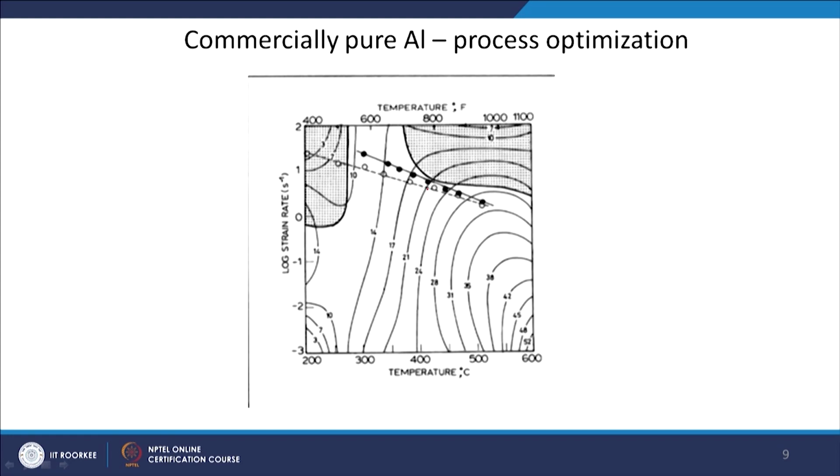This open circle is the initial process applied in an industry to process aluminum. After the processing map was generated, it was found that two conditions are coming in the unstable region.